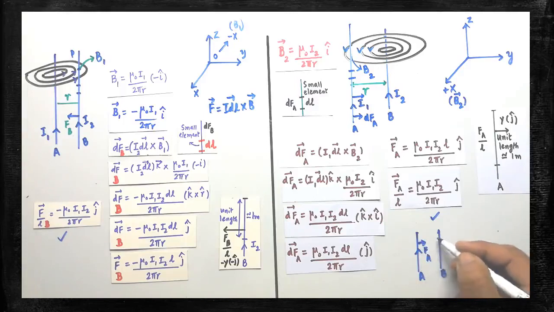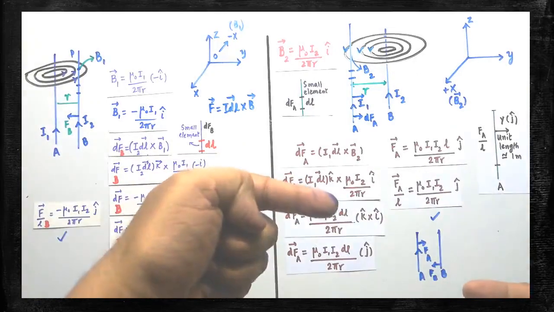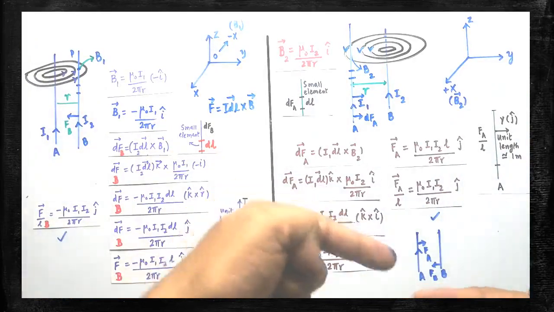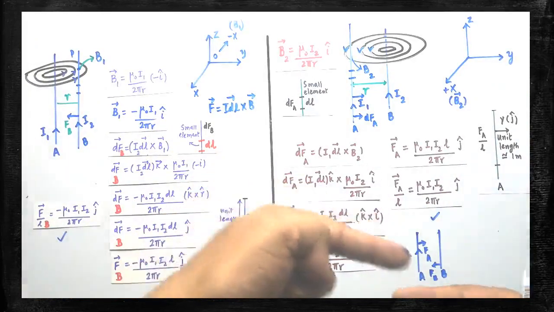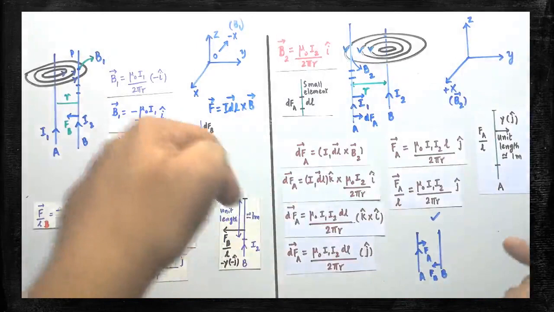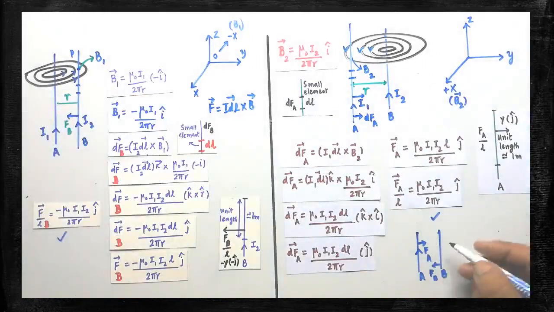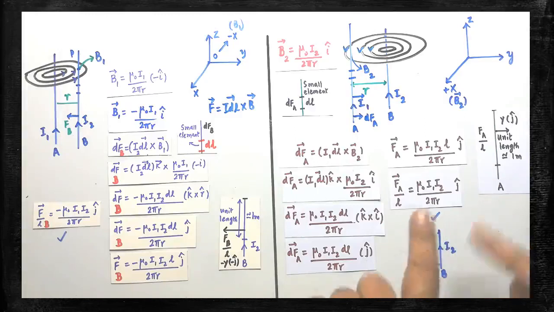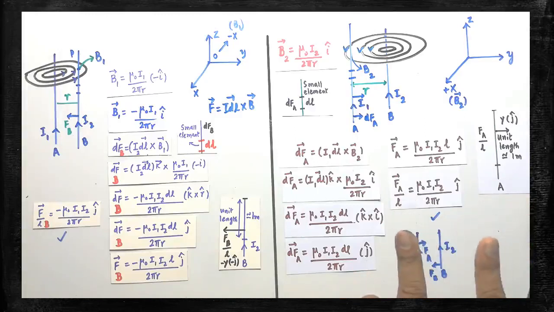Here another force is acting, this is called FB. Both are acting in the opposite direction, so both are trying to come closer. Any doubt in this? So when two conductors through which current is traveling in the same direction, they will get attracted to each other. They will come closer. Are you clear?